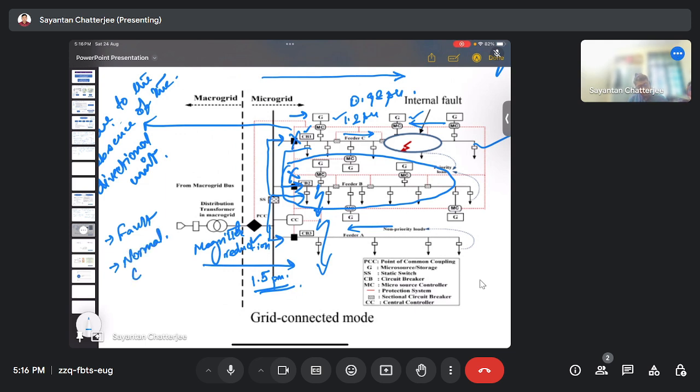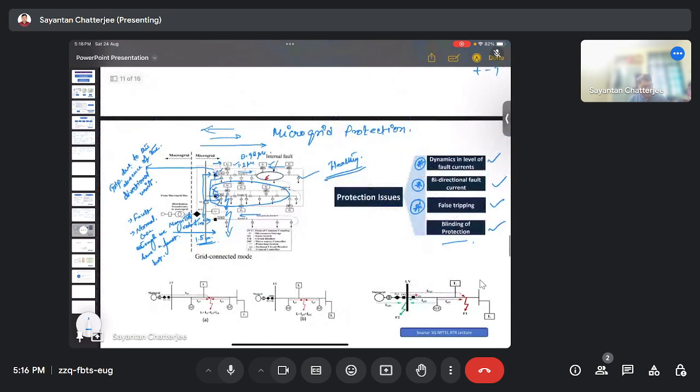Although we have a fault, the fault current magnitude reduces. Okay, so these are major problems or major issues that we face.